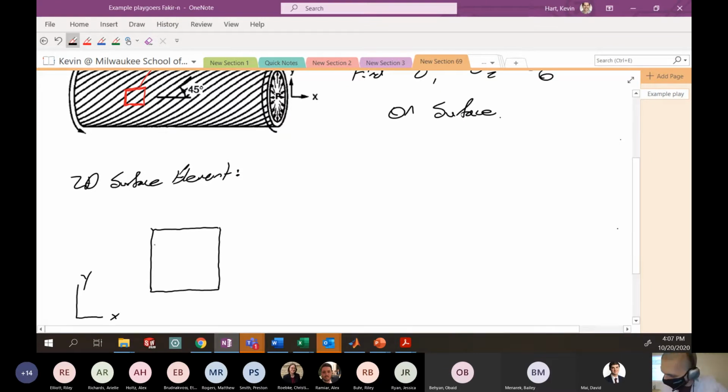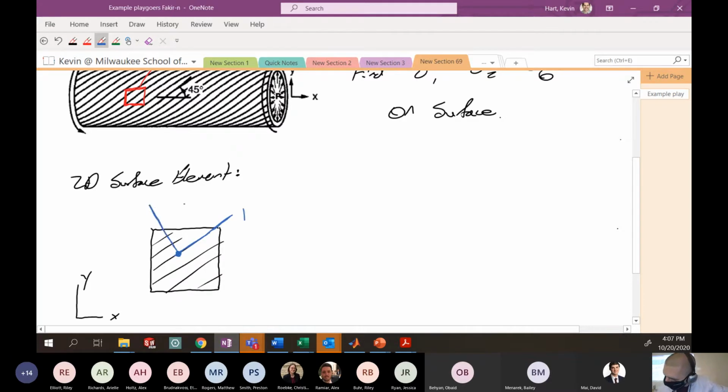If I have these fibers on this element running at this 45-degree angle, which I was told about in the problem, then I want the stress state not in the XY coordinate system, I want it in the 1-2 coordinate system, aligned with these fibers.